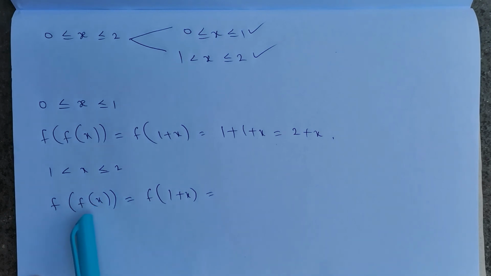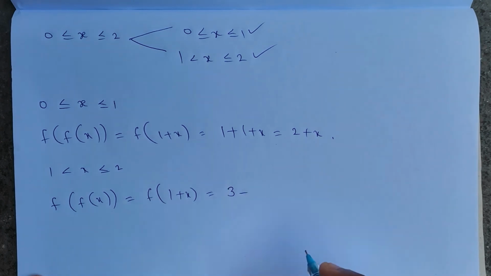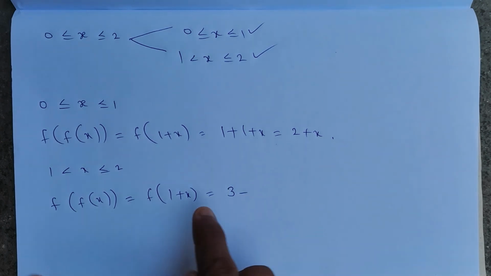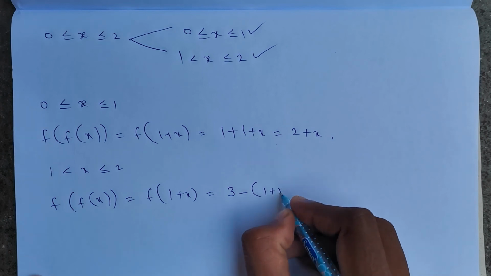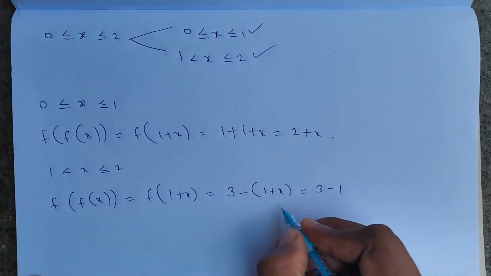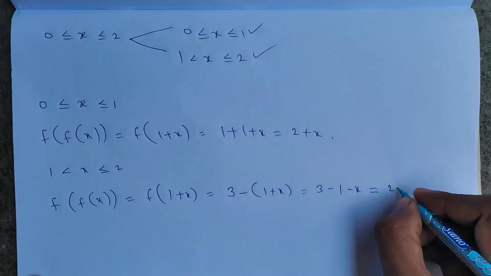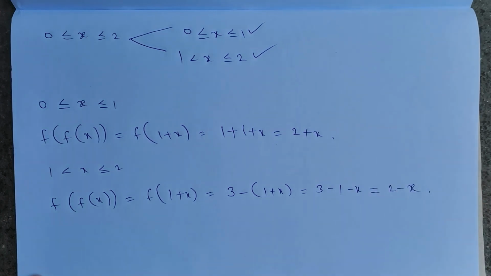The second condition is given as 3 − x. So 3 as it is minus, in the place of x 1 + x, is equal to 3 − (1 + x), that is 3 − 1 − x. So 3 − 1 is 2 − x. In the second condition f of f of x value is 2 − x.